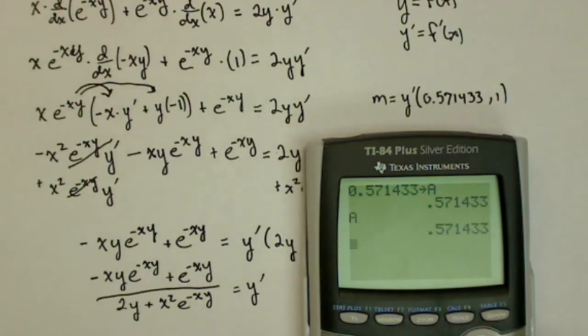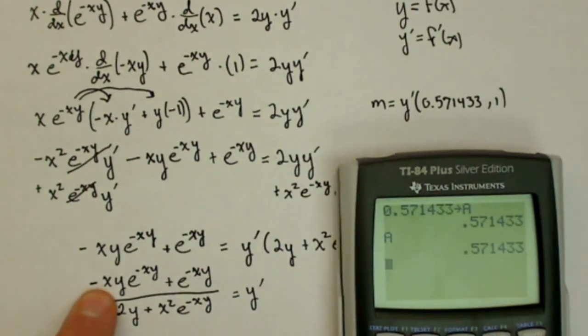Now what I'm going to do is I'm going to plug A in for x and 1 in for y into this equation here in my calculator. So I see that I have a negative A times y, which is 1. So I'll just put it all in here so you can see it, times e raised to the negative A times 1.